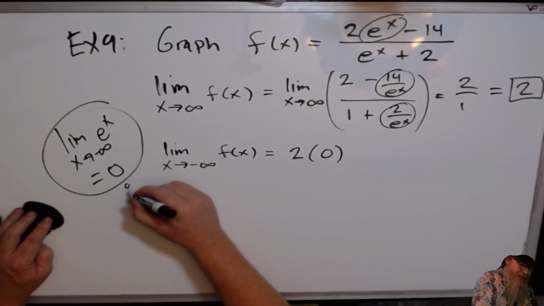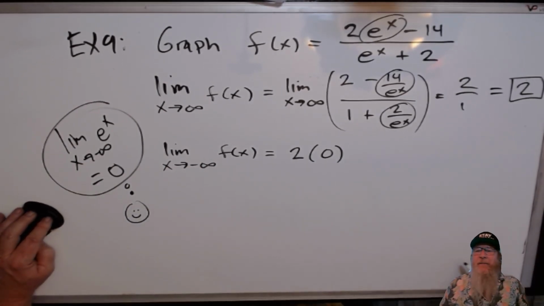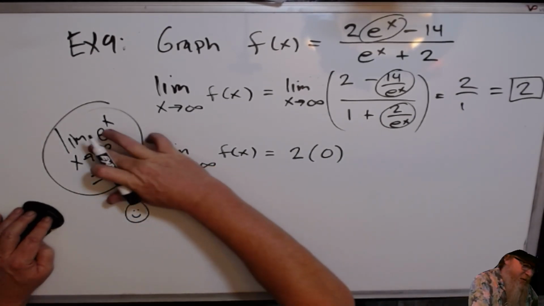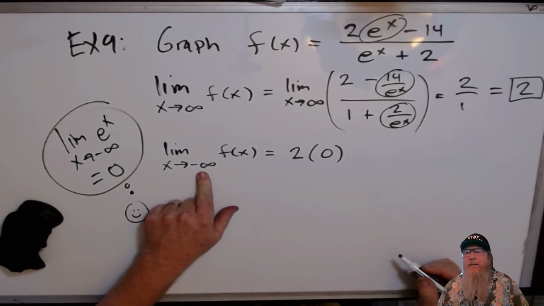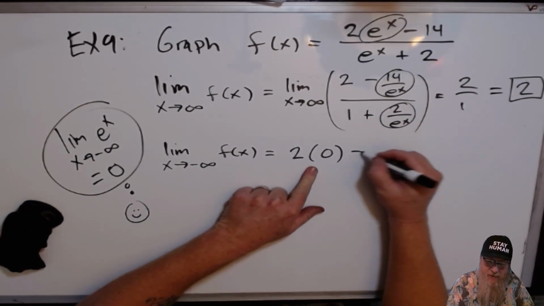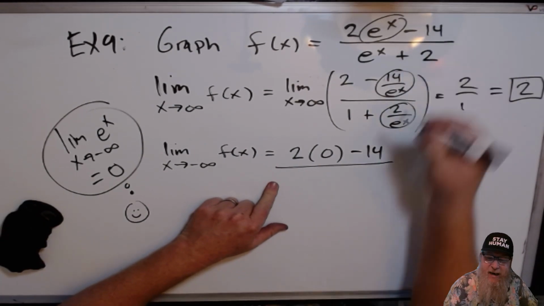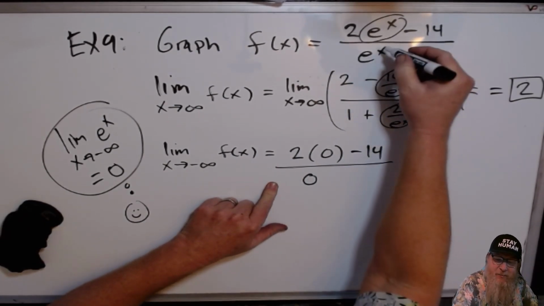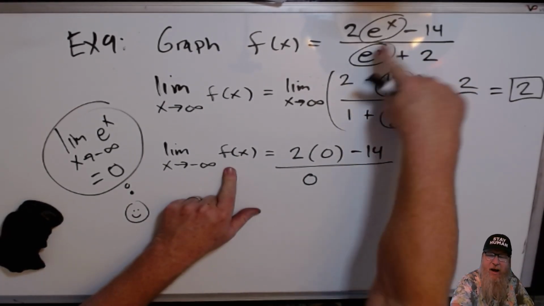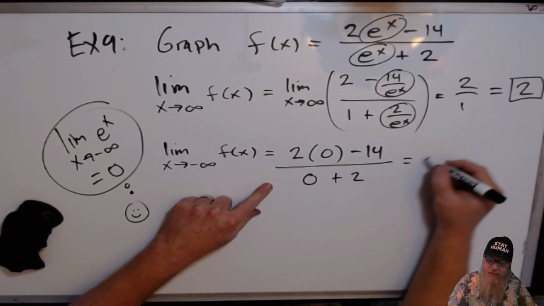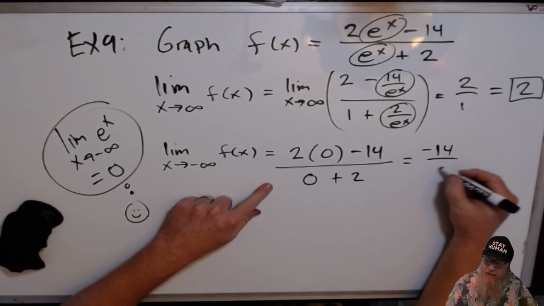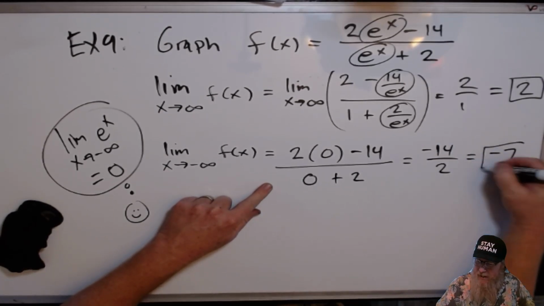Yeah, I know that. I just carry that around in my mind. As long as x is going to negative infinity, it's 0. So I know that's going to be 0. That's going to stay negative 14. This one's going to be 0. I'm just copying my function down here. And then plus 2. And I get another horizontal asymptote at negative 7.